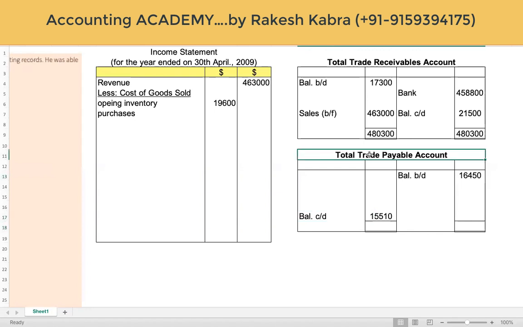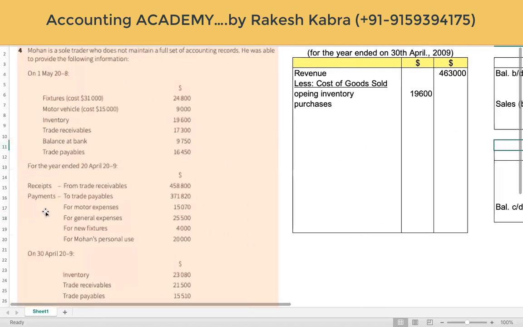Now during the year we definitely paid the trade payables some money, which I will get from the payments section. How much did I pay to the trade payables? 371,820. When I pay trade payables, the liability will decrease.